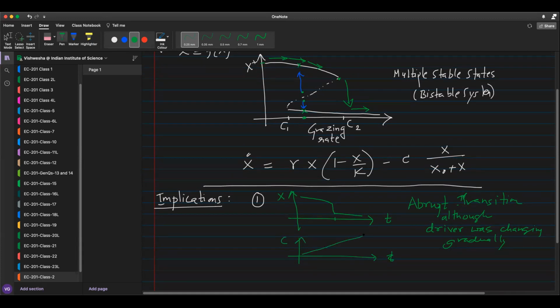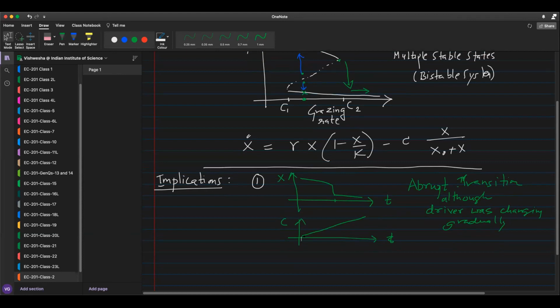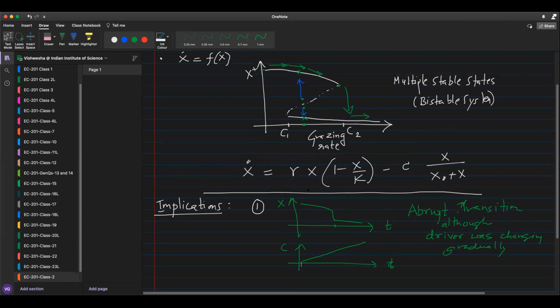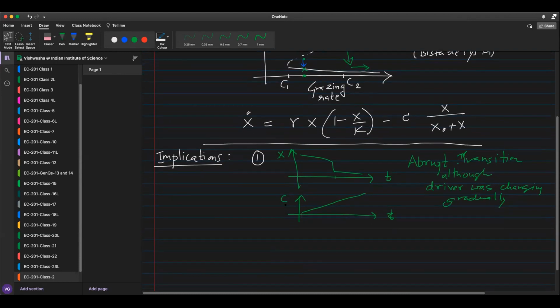Even if it's increasing in a linear fashion, the system responded in an abrupt or non-linear fashion. That's what makes this very interesting, because there is nothing about the driver here that is abrupt, but the response of the population is abrupt. So the first implication is you can have this drastic and abrupt response of the ecosystem, right?